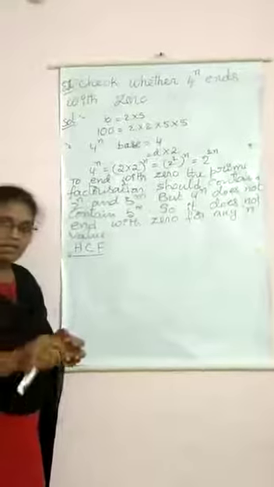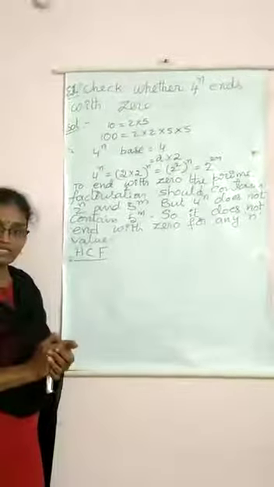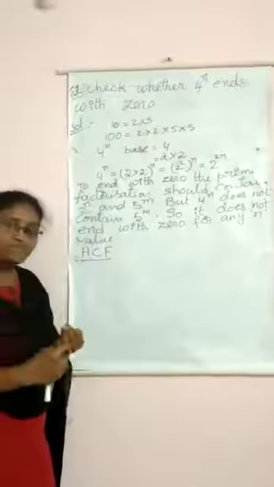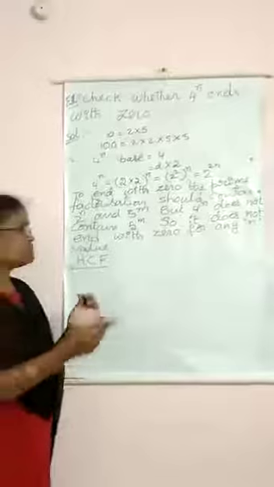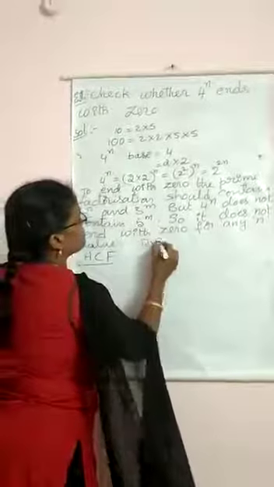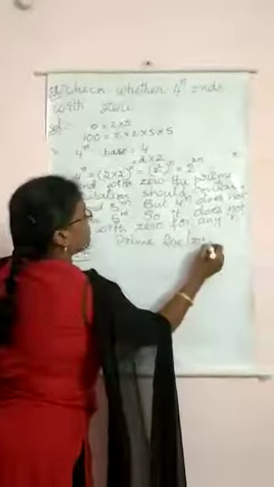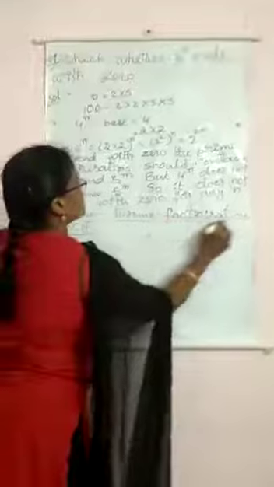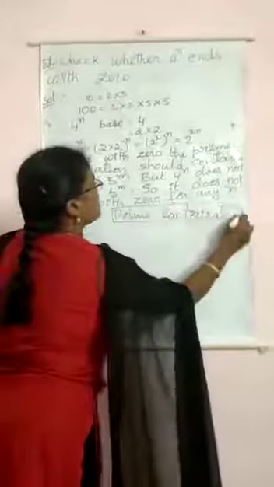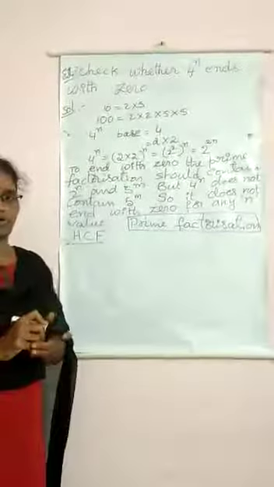But here in this 10th class first chapter, you have to find HCF by Euclid's division lemma, and by this method, that is prime factorization. By using this method you have to find HCF and LCM of two numbers or more numbers.